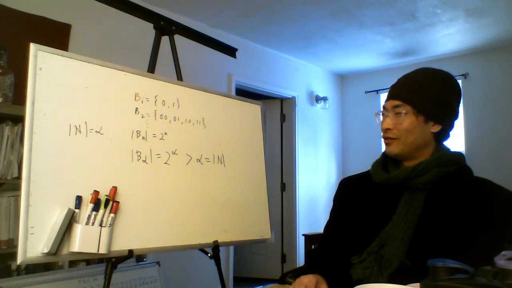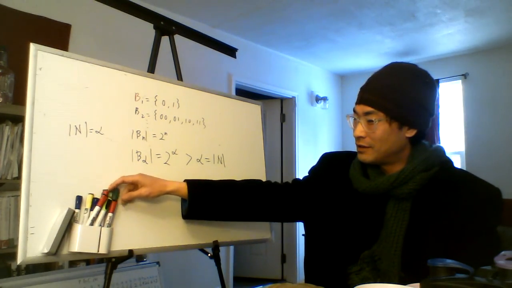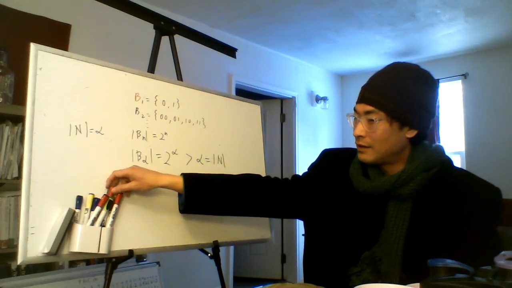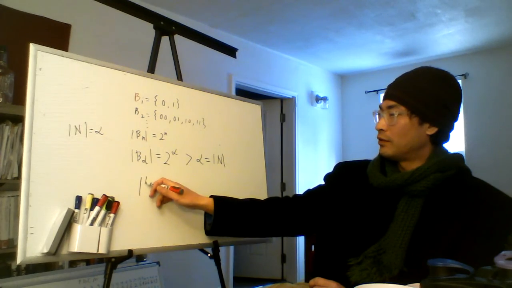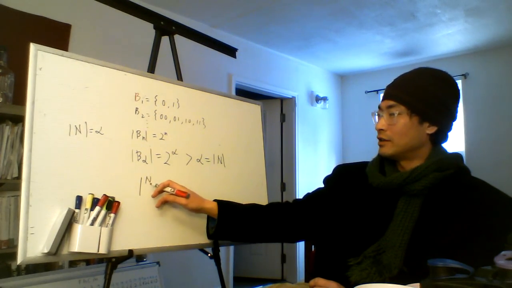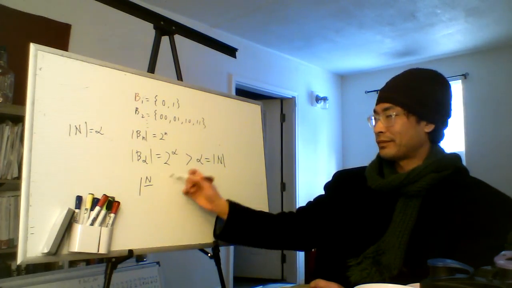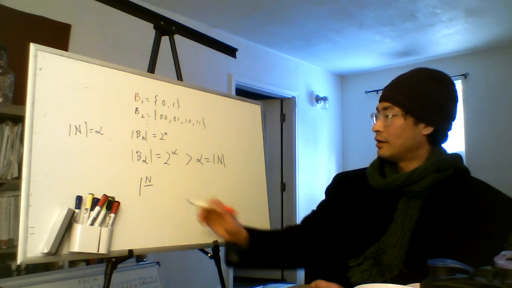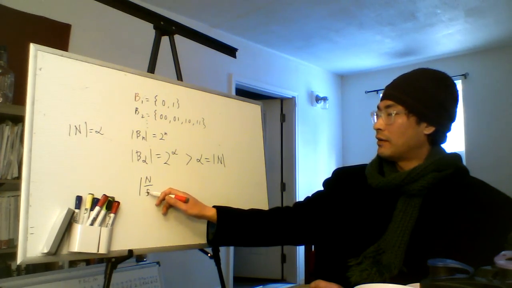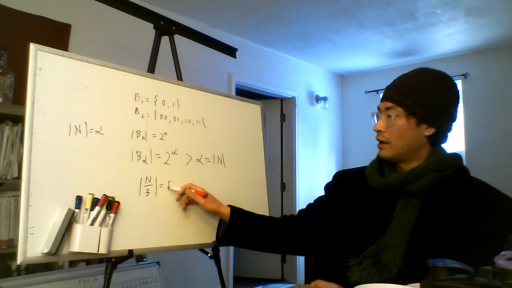We also know the set of fractions: the size of the set, divided by f, is f times alpha.